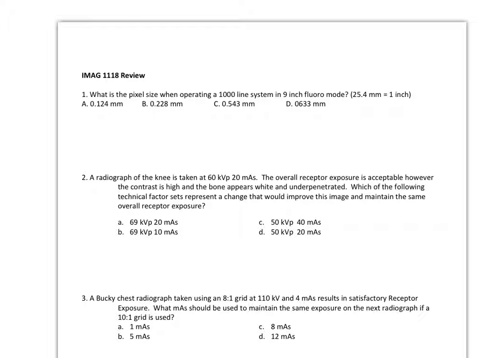So the size of the pixel is going to be the field of view, or the fluoro mode size, or the input phosphor size, divided by the number of lines in the system, or the number of lines in the matrix.